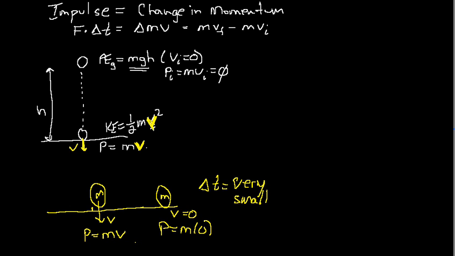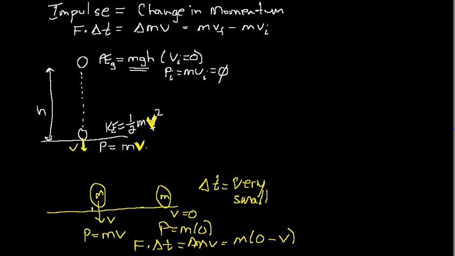Change in momentum is equal to the force times the time, which is equal to delta mv, let's say, change in momentum. This momentum change is going to simply be the mass of the egg times the final velocity, which is 0, minus the initial velocity, which is v.